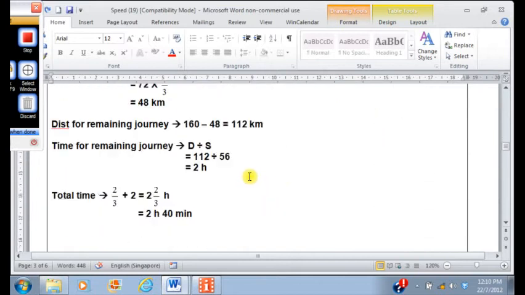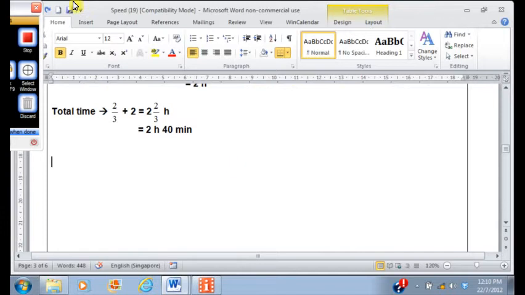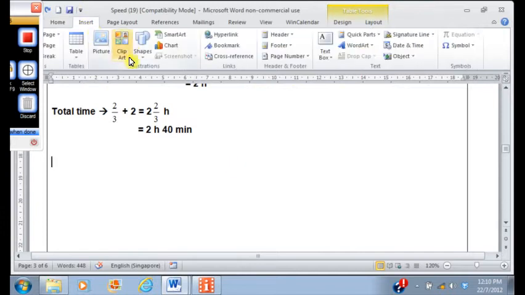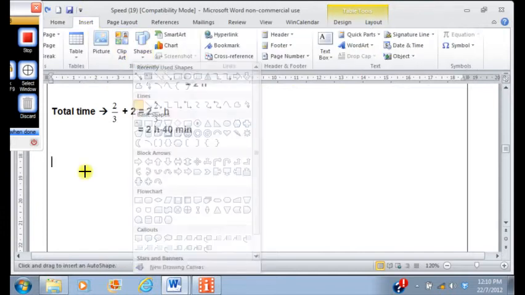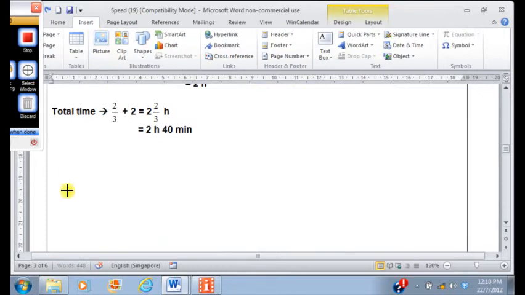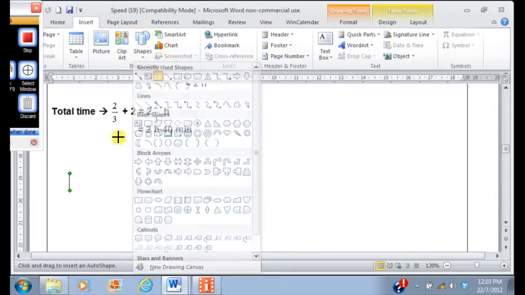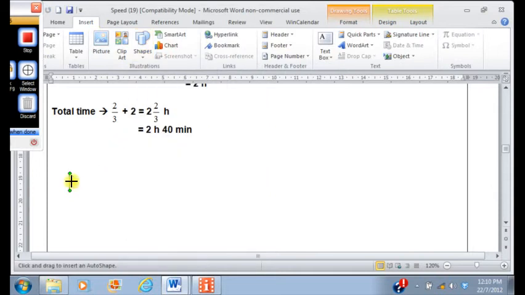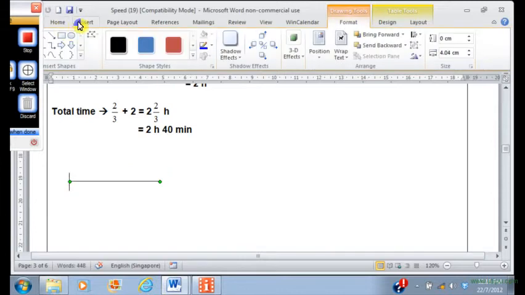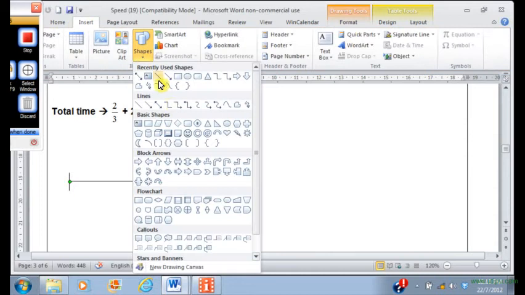Going to use this again. So what we're going to do is we're going to draw another simple timeline. It takes a little while, so just do bear with me. Speed questions normally take a little while, and there are quite a lot of steps, and because I'm typing it out, it takes a little bit of time.